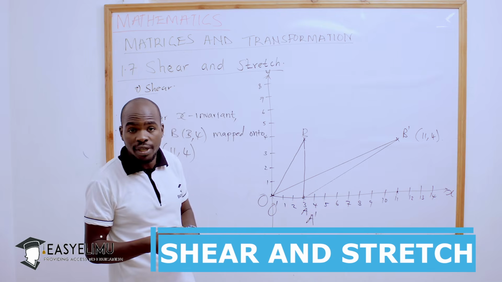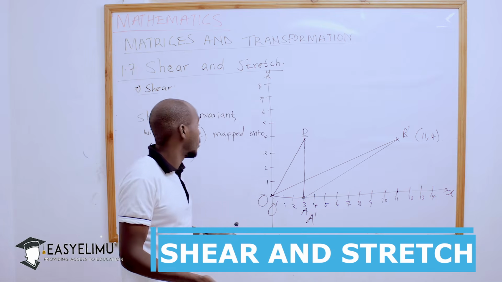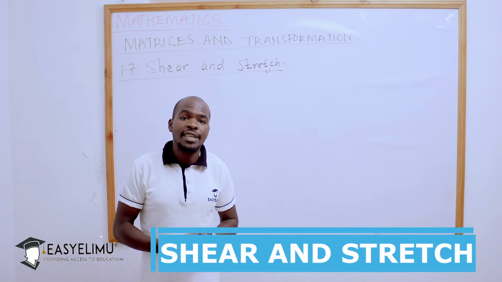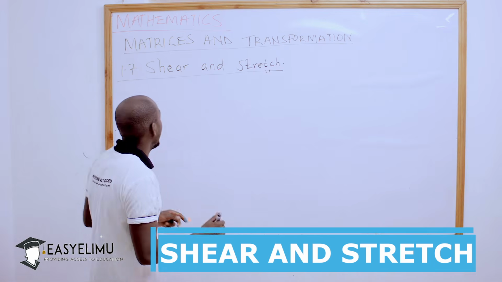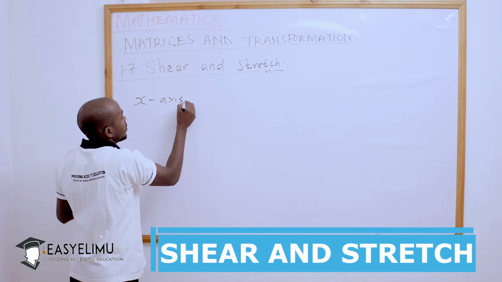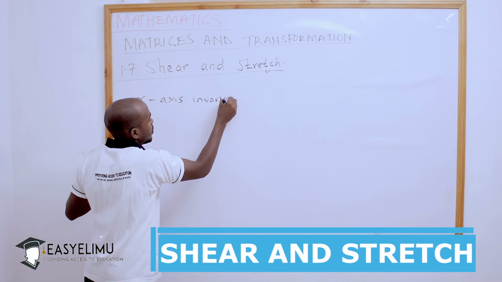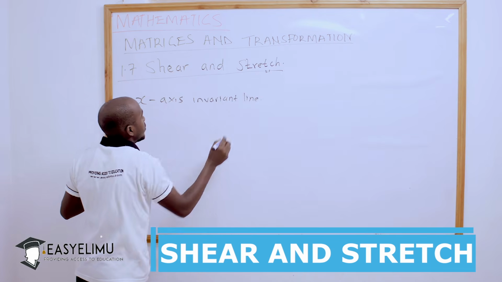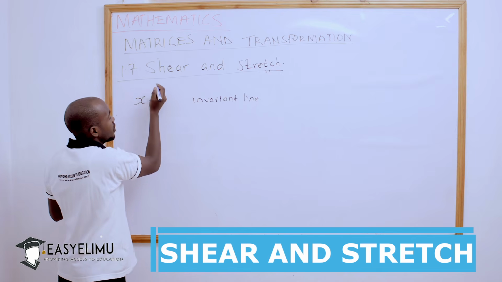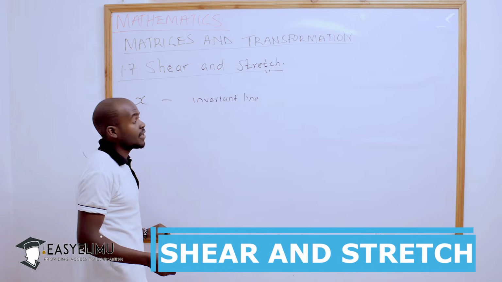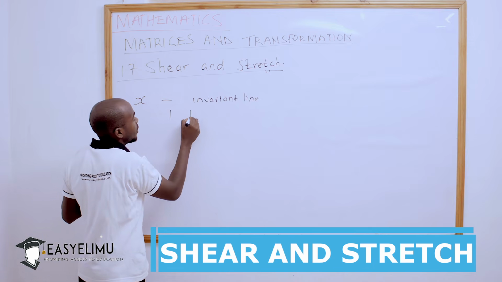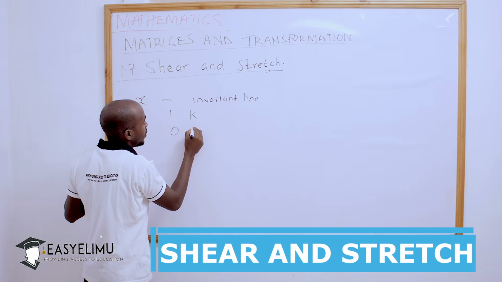Let's see how a shear matrix is also given out. In general, if you are being given a shear matrix, and x is the invariant line, let me just say x is the invariant line because it may not necessarily be the x-axis, then you will have 1, k, 0, 1.